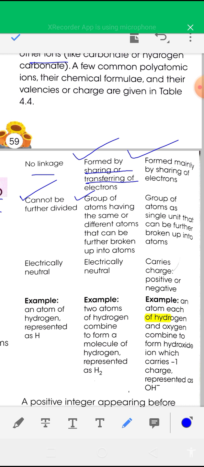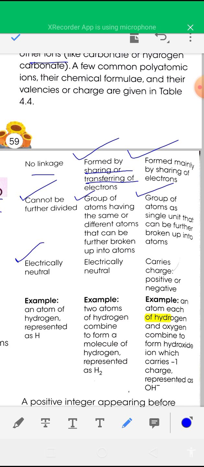So a molecule can be subdivided or further divided into atoms. And radicals are groups of atoms as a single unit that can be further broken up into atoms. So radicals also can be broken into atoms.